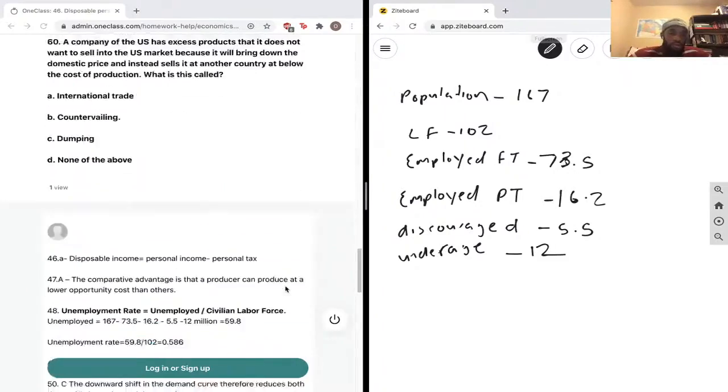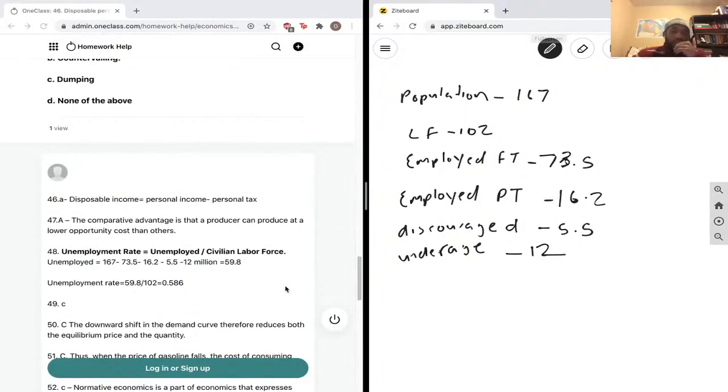Our tutor says here, unemployment equals unemployed over the civilian labor force. To find out the number of people that are unemployed, you just subtract everything from 167, like he or she did over here. 167 minus 73.5, minus 16.2, minus 5.5, minus 12 million. You have 59.8 as the unemployed.